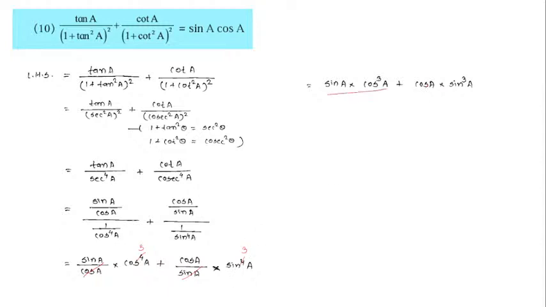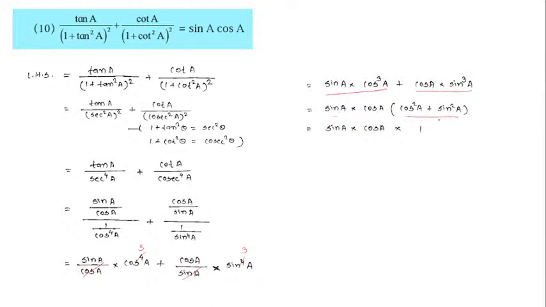Now from both of these two terms we can take sin a into cos a common. So sin a into cos a we would have outside the bracket, as sin a is taken common, and one cos a from cos cube is also taken common. So in the bracket we should have cos square. In the same way here also, from sin cube one sin is taken common. So in the bracket we have sin square.